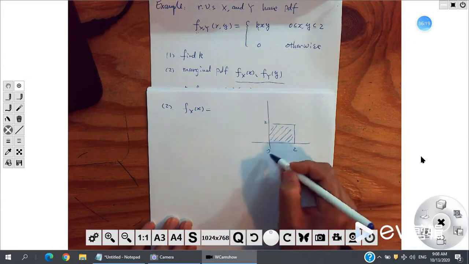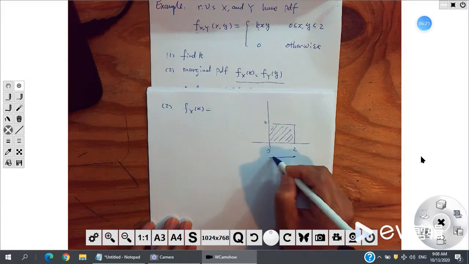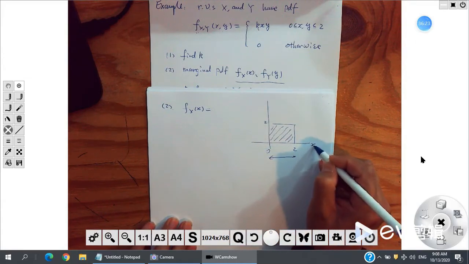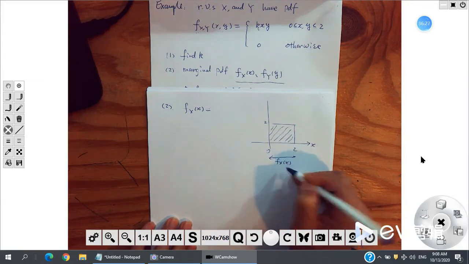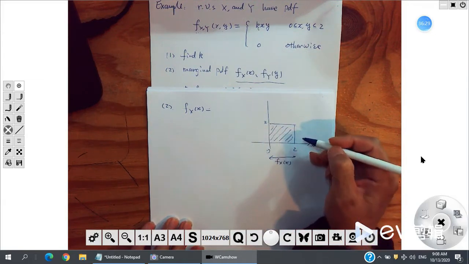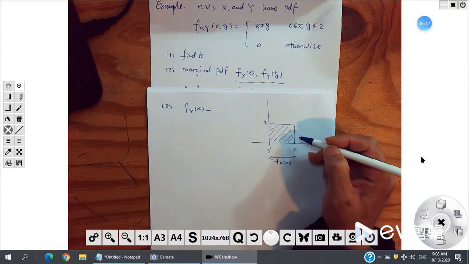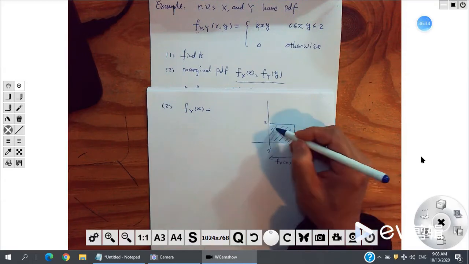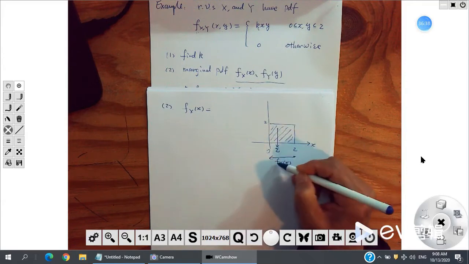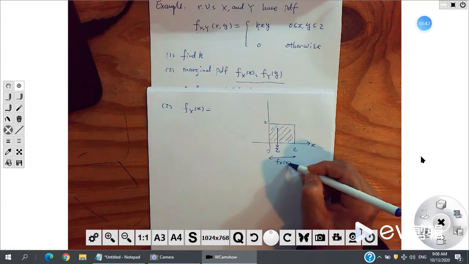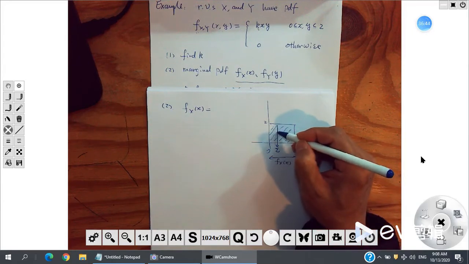And f_X is along this direction, this is x. So you want to find f_X of x here. How to do it? Actually, it is similar to the discrete type. In the discrete type you do summation in this direction and you get the probability mass function. Now we still do the summation along this direction.